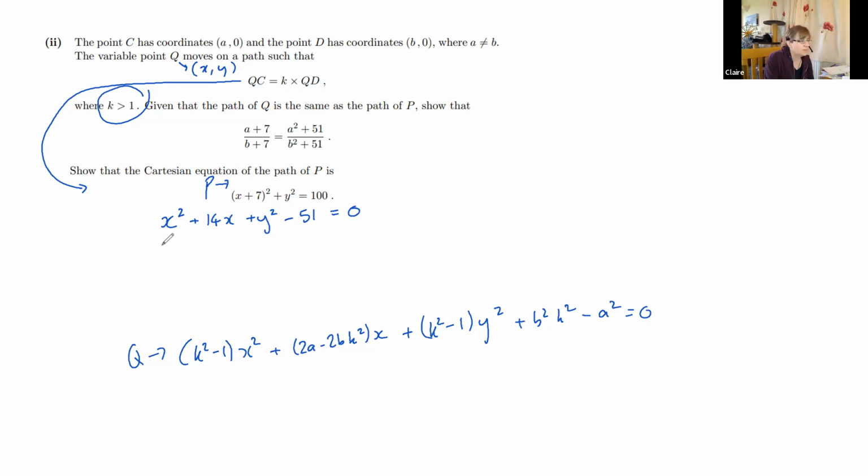Looking at Q, what might be quite a good idea is if I write these out a bit more spaced out, and I'll show you why in a second. Okay, I'm going to take my equation for Q and write it underneath.